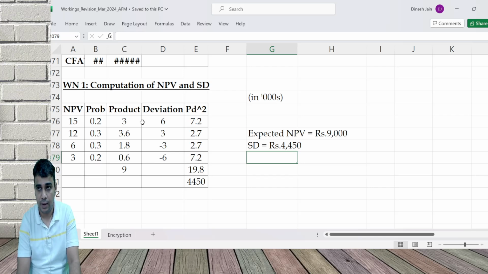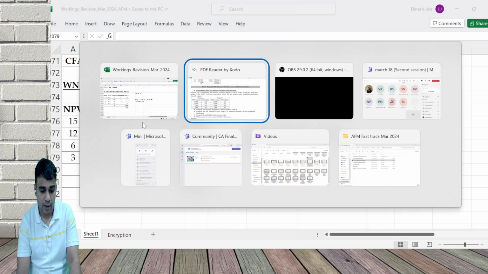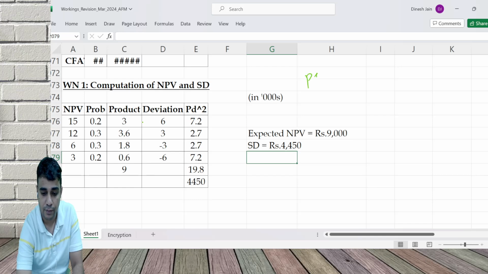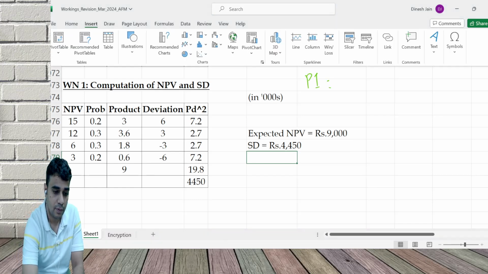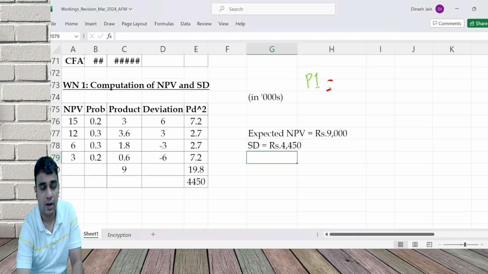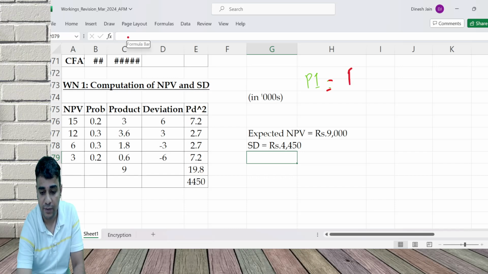Clear? Can you proceed? The question has also asked for profitability index. Profitability index is equal to, any doubts on this first? First question I want you to be fully clear, because I may not give time later on. If there's a doubt, let me know. PV of inflow divided by PV of outflow.